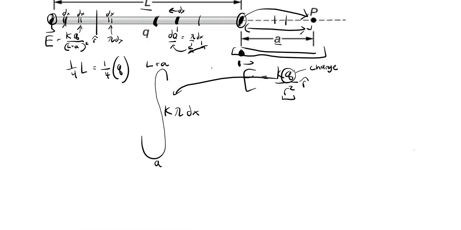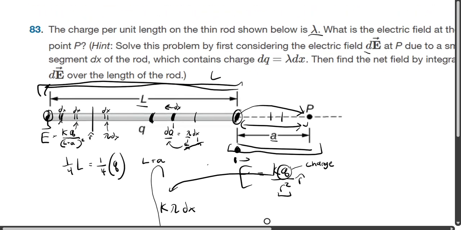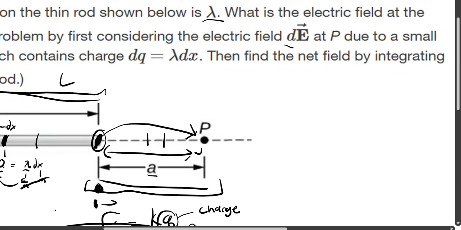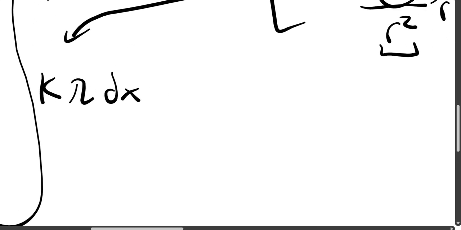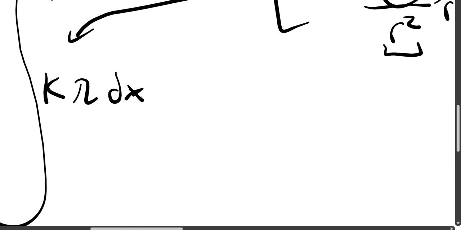Now, a slight hiccup that can happen here is, as you can see, the people writing the problem chose to just treat it as dx. Well, you're thinking, okay, how am I going to put r into this problem if I'm integrating with respect to dx?